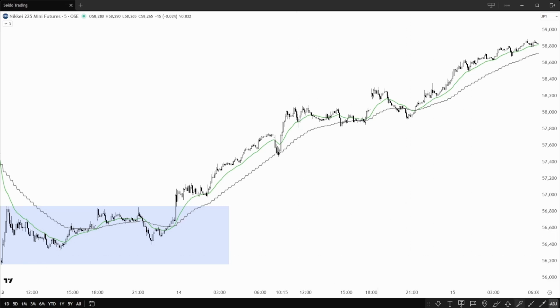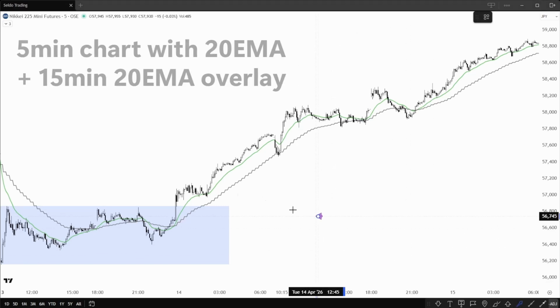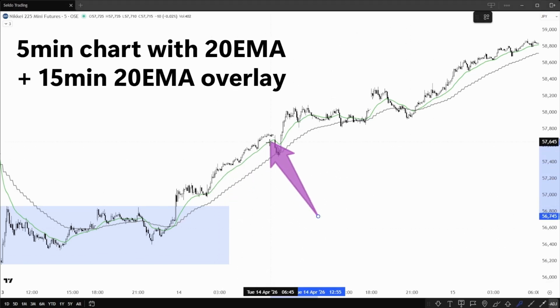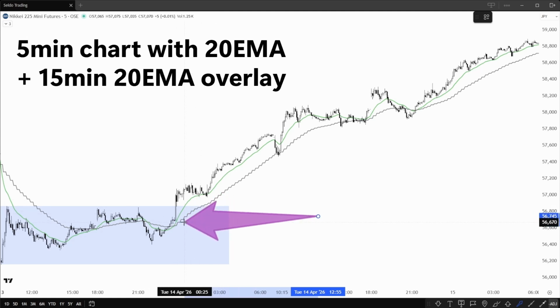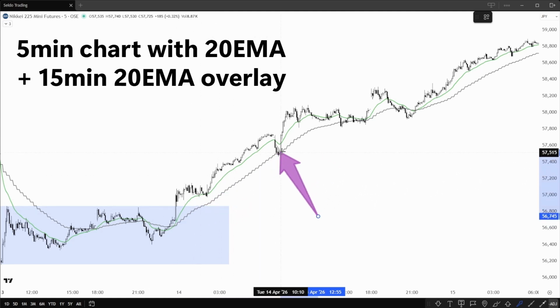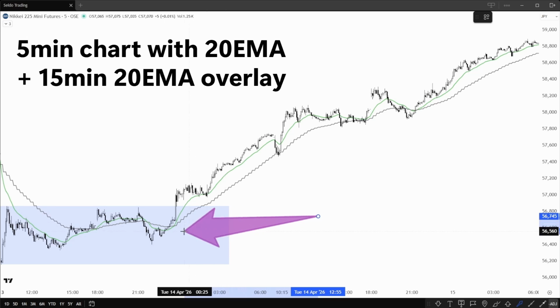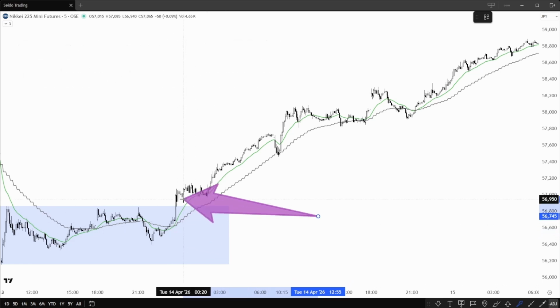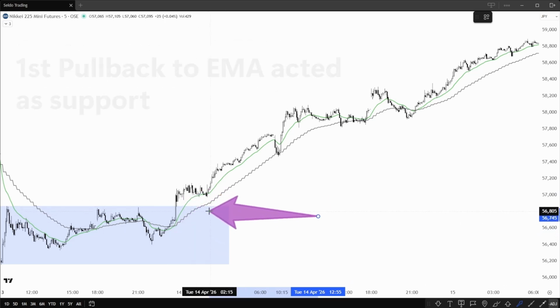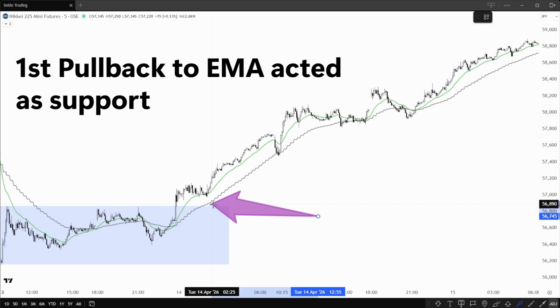So as we can see, we've got both the 5-minute 20-period moving average as well as the higher time frame 15-minute 20-period moving average. As explained, we had momentum away from the moving averages, and the first pullback to the moving average is the most reliable.